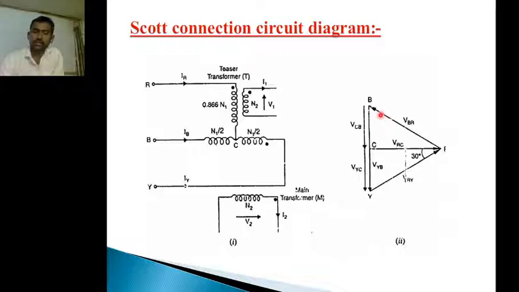In this phasor diagram we can represent the R phase, Y phase and B phase as an equilateral triangle. In an equilateral triangle, each angle is 60 degrees.